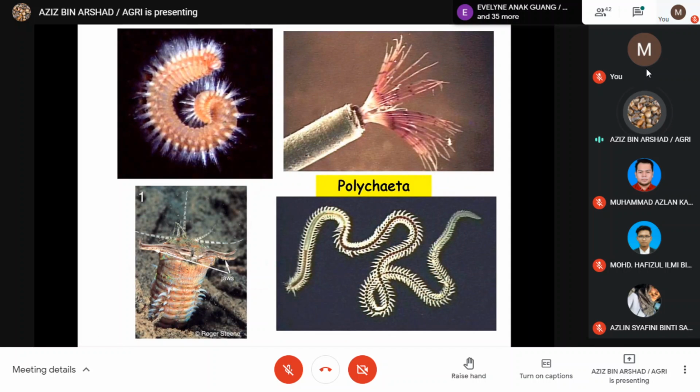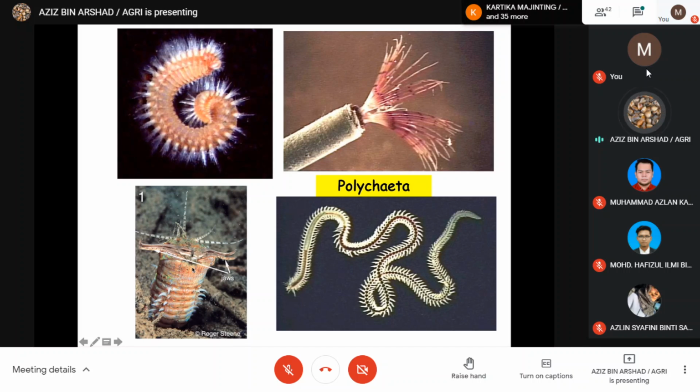And polychaetes come in different shapes and forms. They can be like a worm like this, and this one stays in a tube, called Sabella, which is a peacock worm. And this one is something like a caterpillar with bristles all over.